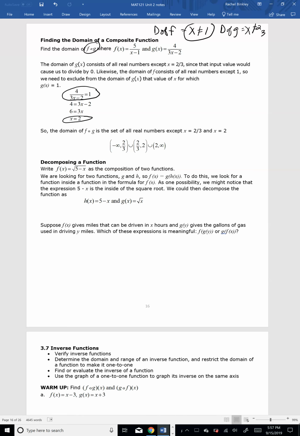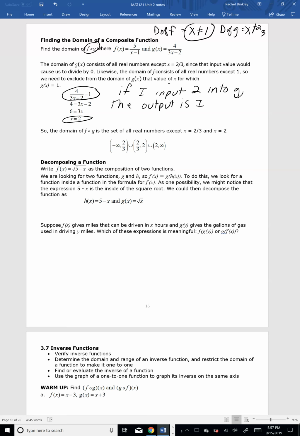They are saying if I input 2 into g, the output is 1. So my domain for g cannot be 2.